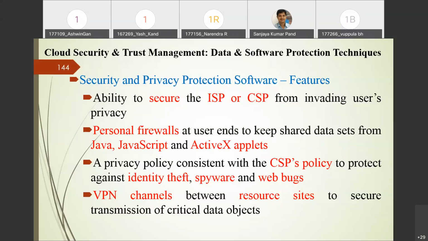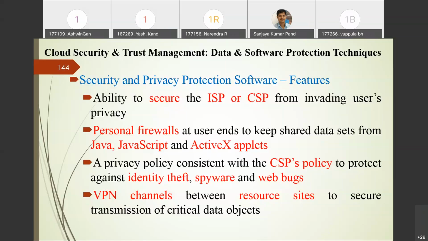You have to see how the privacy policy is consistent with your CSP policies, so that a standard policy can be formed by the CSP and used by all CSPs, in order to avoid any data leakage, data theft, or bugs in the system.